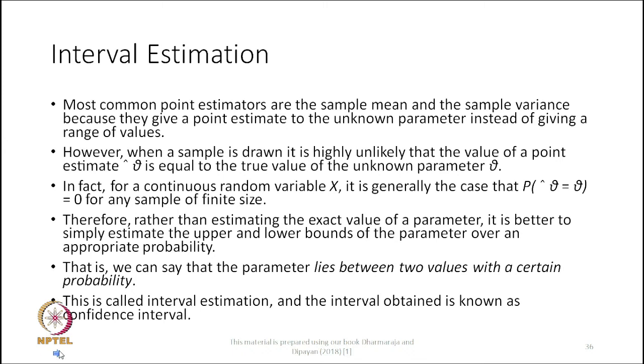If you recall, there is a class of 70 students. You are interested to know the population mean, or the class average. By asking a few students their marks, you calculated the sample mean, and that sample mean may not be equal to the true value of the population mean. So, that is a disadvantage with the point estimator.